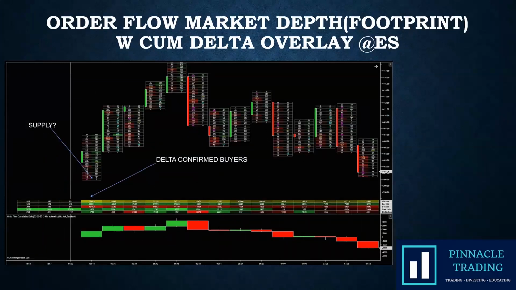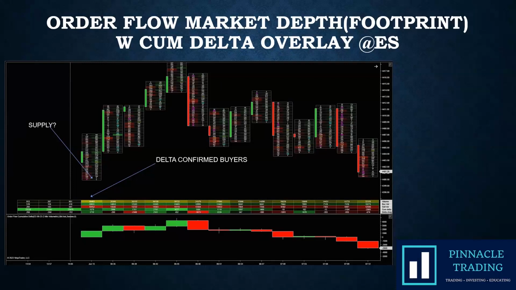Market depth. On this, I think I drew a couple of supply arrows. You can see that the bid-offer was much off the low there, and the delta confirmed that buyers were stepping in, and that's really all I want to show, what price did.